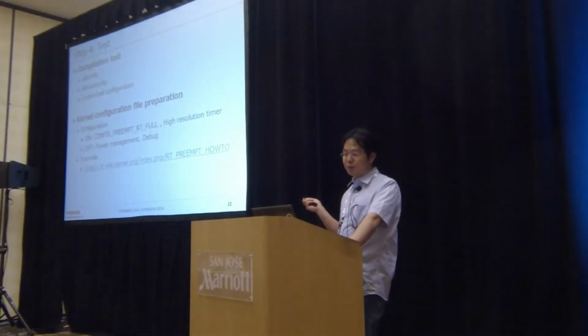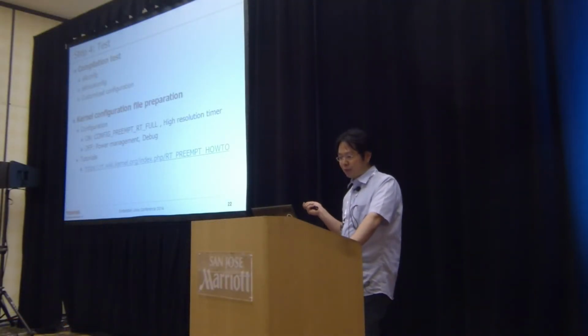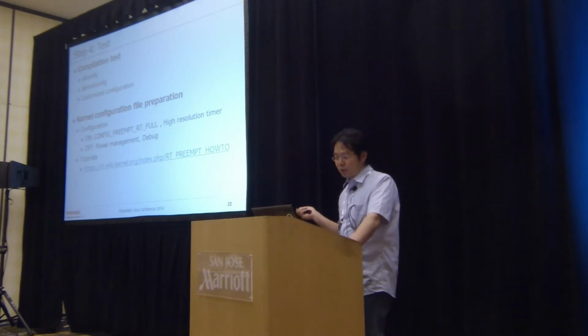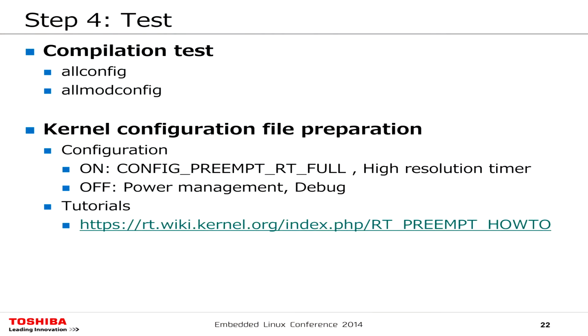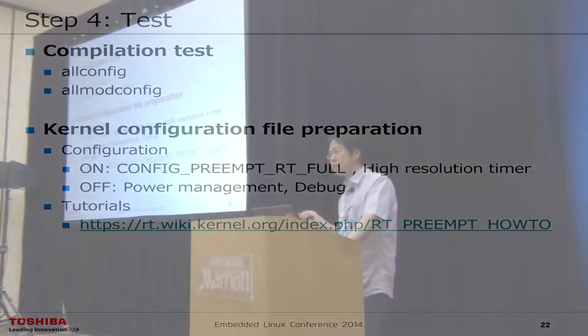So we usually use a customized configuration with the RT patch, and this configuration must include config PREEMPT_RT, high resolution timer, and the power management and debugging options, because debugging options cause latency issues.